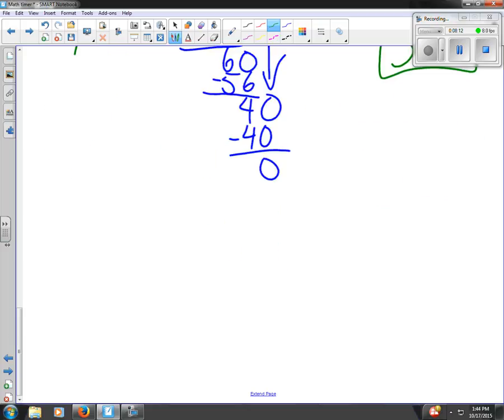Okay, so let's write each percent as a decimal. I'll do a shorthand to be quick. Write percent as a decimal.